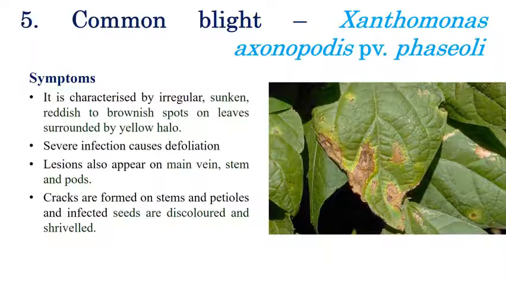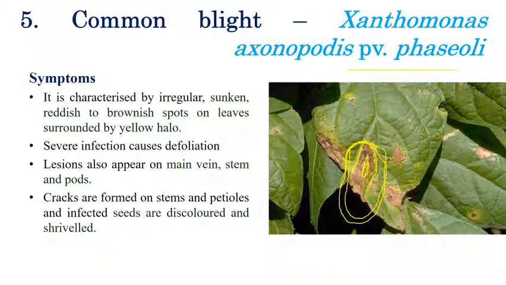The next disease is common blight, which is caused by Xanthomonas axonopodis pathovar phaseoli. On leaves, we can clearly see sunken irregular reddish or brown spots surrounded by a yellow halo. Defoliation will occur in later stages, and it also affects the main veins and stems.